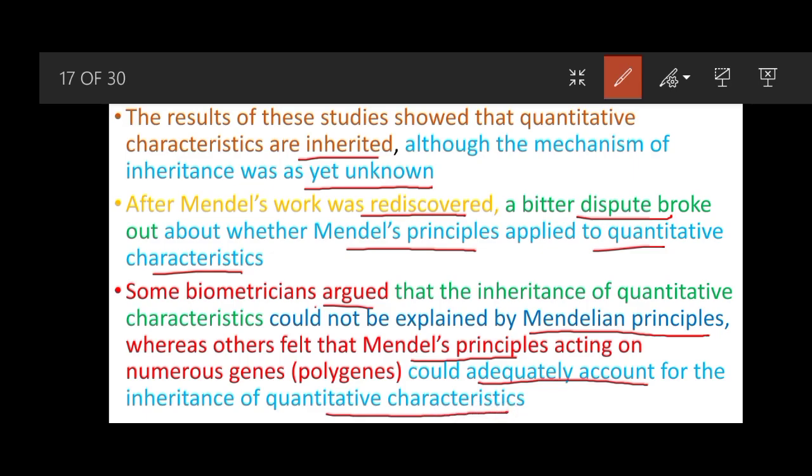So there was a dispute among the scientists of those times: some said Mendel's rules of heredity are not applicable to quantitative traits, and some were of the view that when these rules are applied to various genes, they can adequately account for the inheritance of quantitative traits.